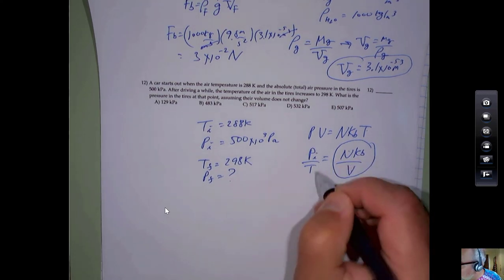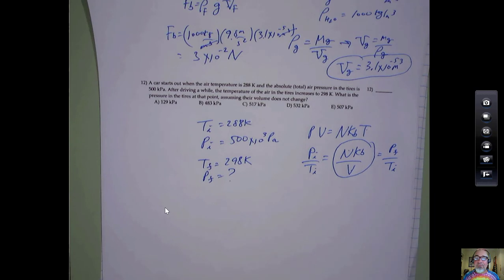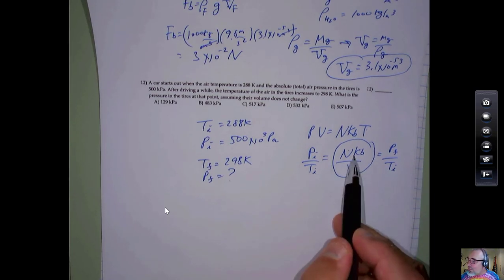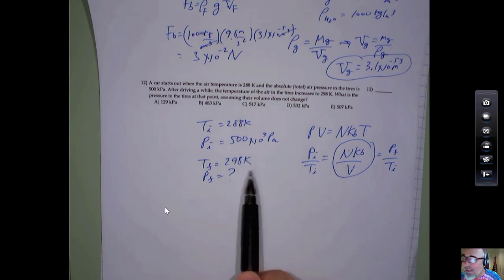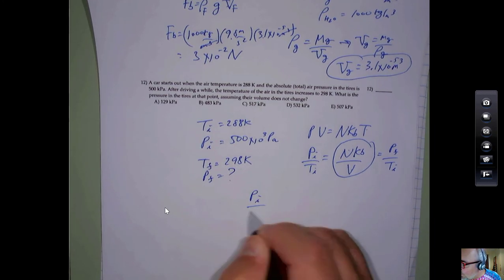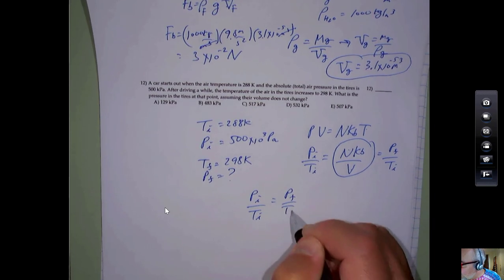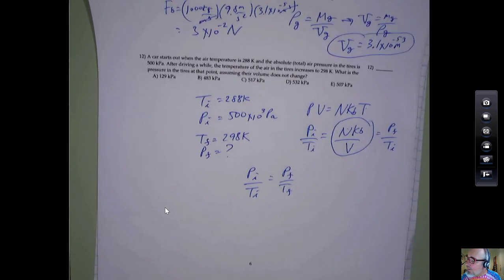Initial pressure over initial temperature has also got to be equal to final pressure over final temperature, right? Because this part is the same for the initial situation and the final situation. Then we can solve for whatever you want.